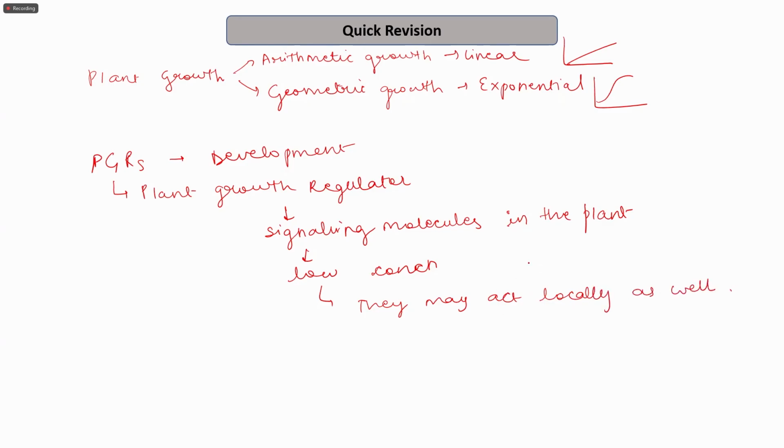So these are plant growth regulators, and we divided them into two categories. First one was the growth activator, growth promoting. The second one was growth inhibiting, that inhibits the growth.